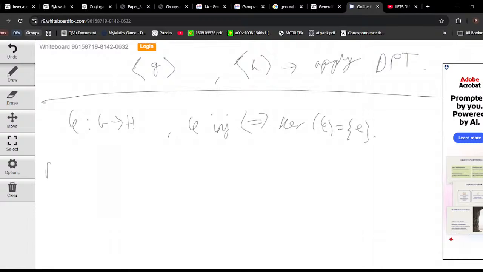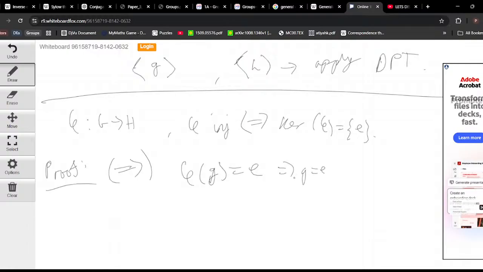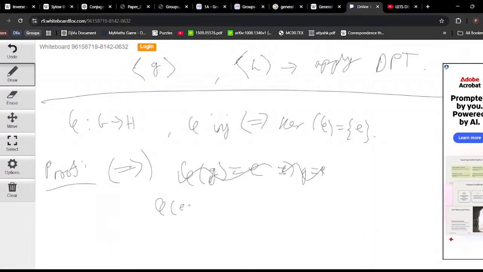Why? Well, one direction is easy. Let's go this way first. If phi is injective: we know that phi of E is equal to E because phi is a group homomorphism.